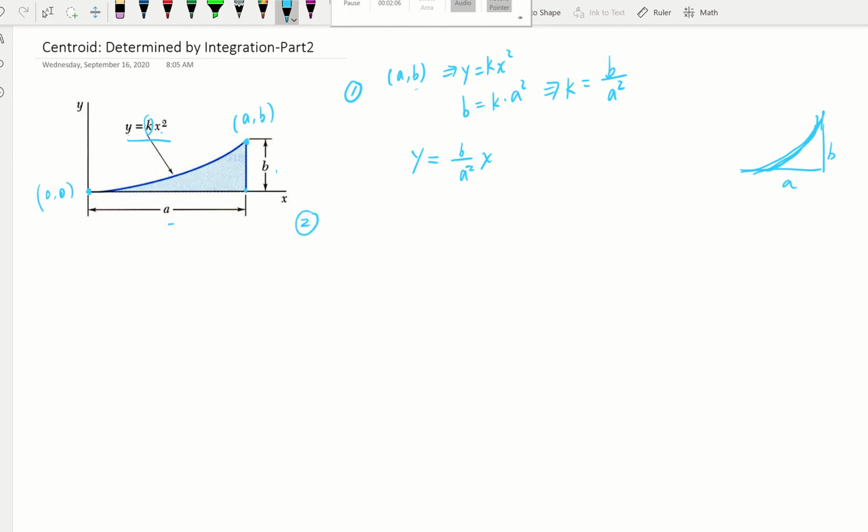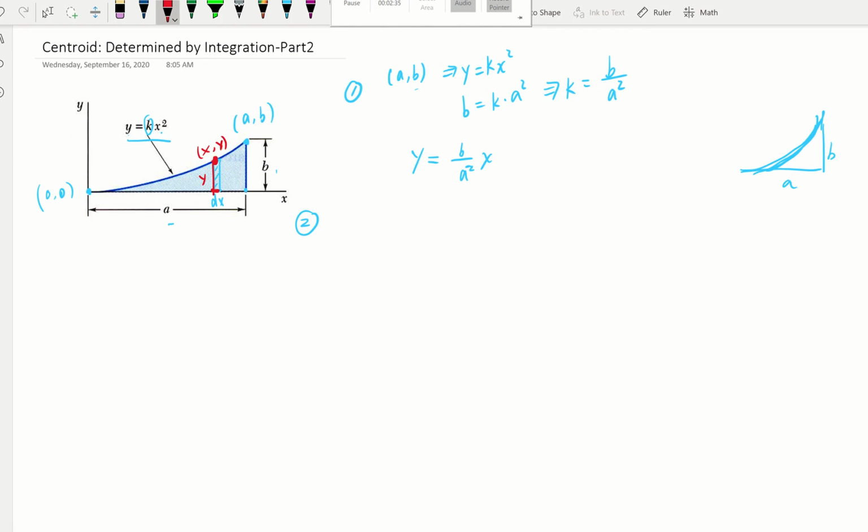All right, knowing that, we are going to draw our differential element. If I draw the differential element arbitrarily, this is going to be my rectangular element, and this length is dx, and this length is going to be our y, because this red dot is on the curve, so it arbitrarily has an x and a y.